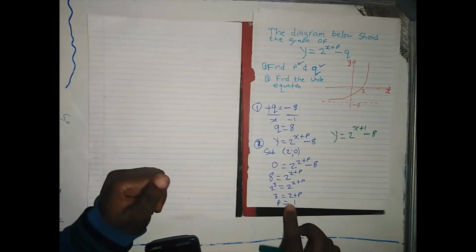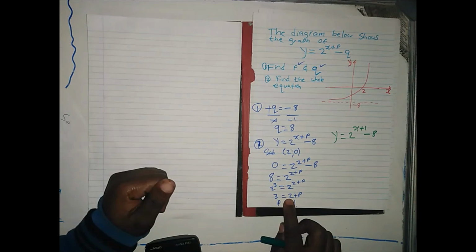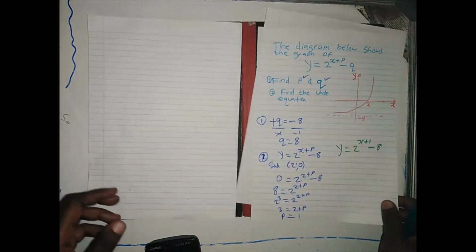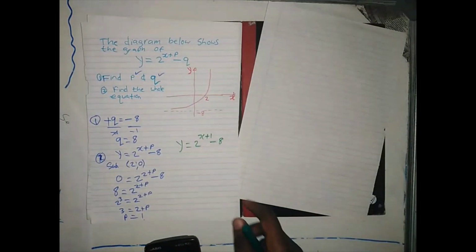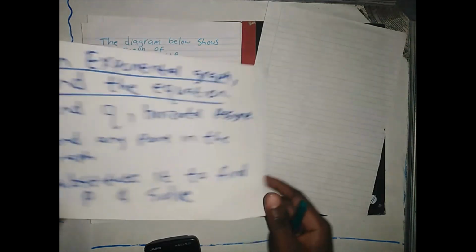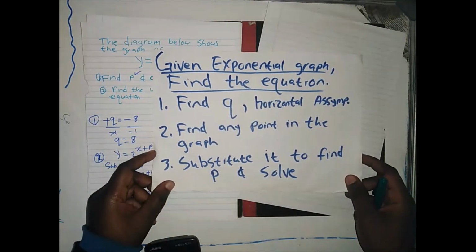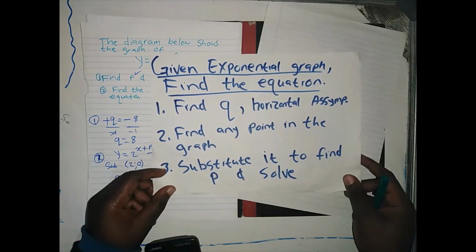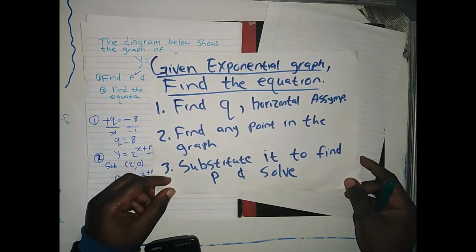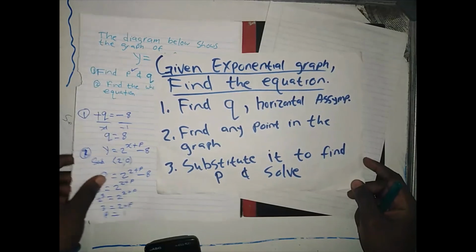Sometimes they separate these equations, but sometimes they won't say that. They will just say find the equation. Now when they just say find the equation, how do you go about finding those equations? I've combined steps so that you guys can use them.